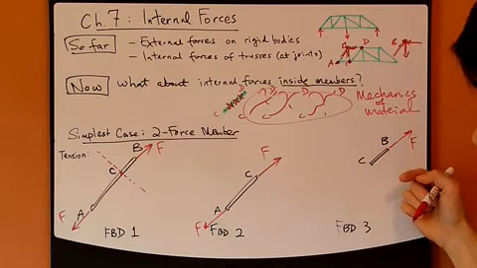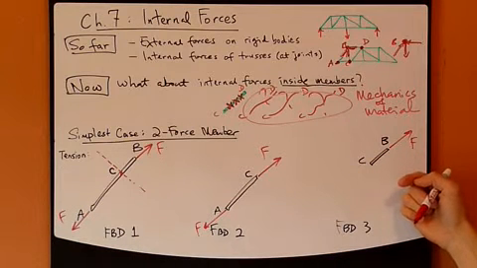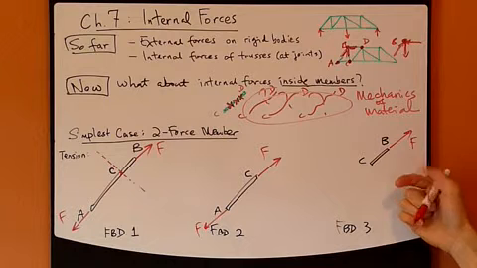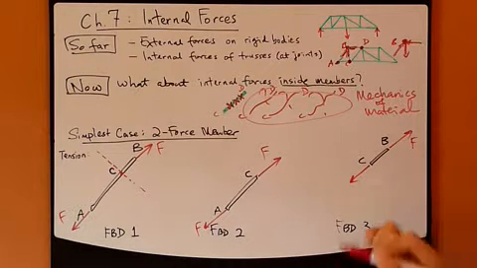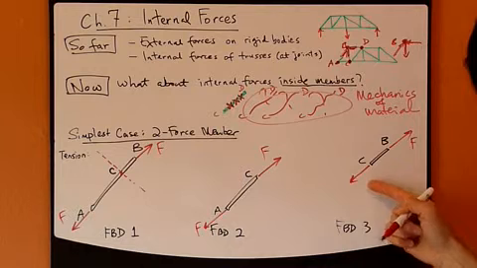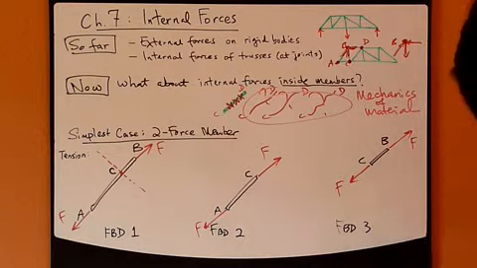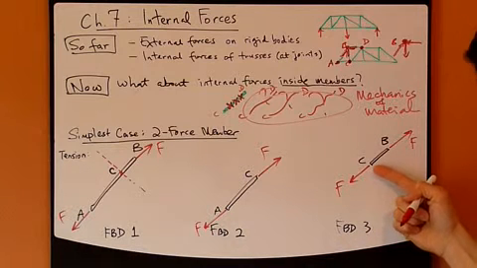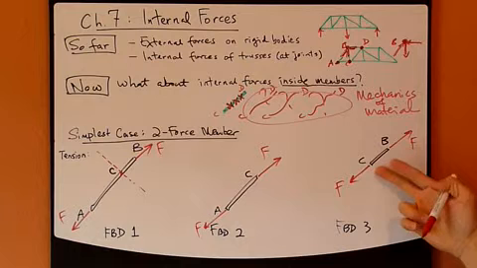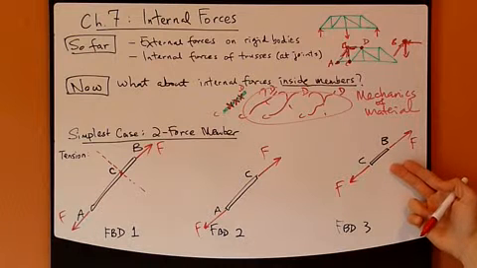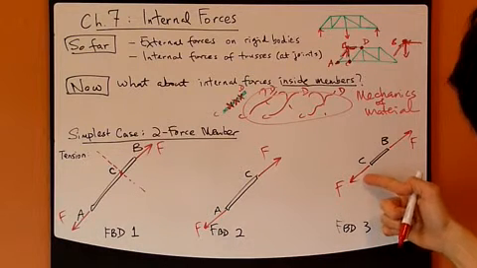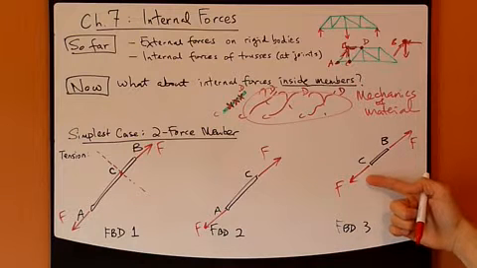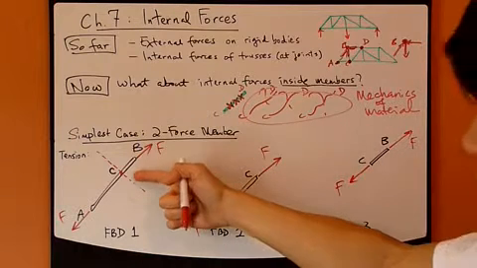CB is also a two-force member. Therefore, there has to be another force, equal but opposite, acting on this point C right here, so that this CB is in equilibrium. And that's it. This little guy right here, this F, is an internal force at C.